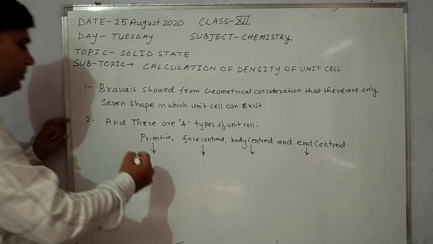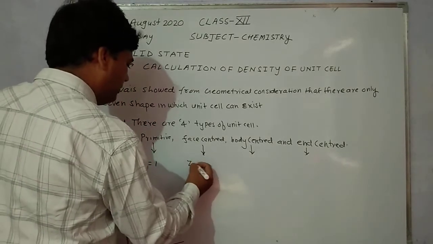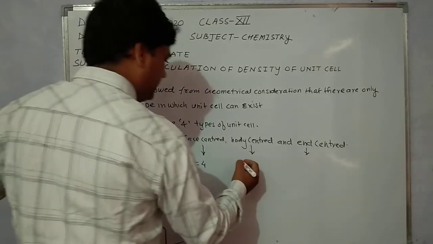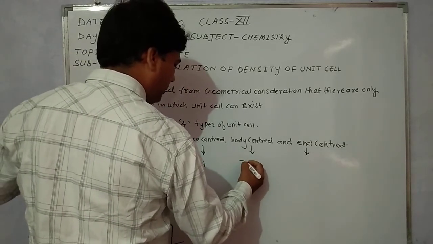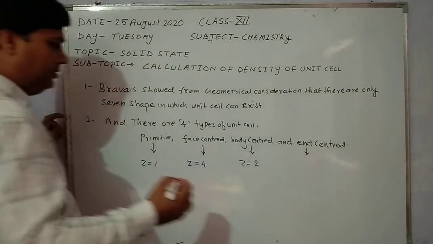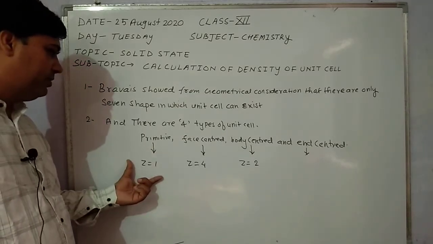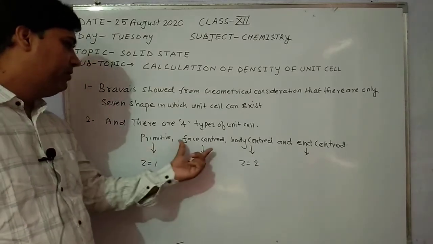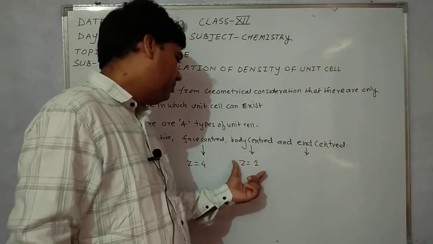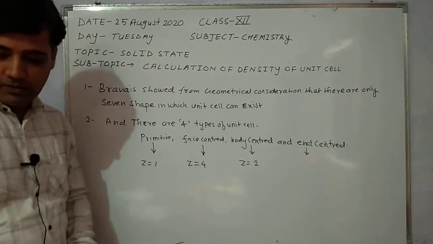In primitive unit cell the number of atoms per unit cell is equal to 1, in face-centered unit cell it is 4, and in body-centered unit cell it is 2, which I have already discussed.